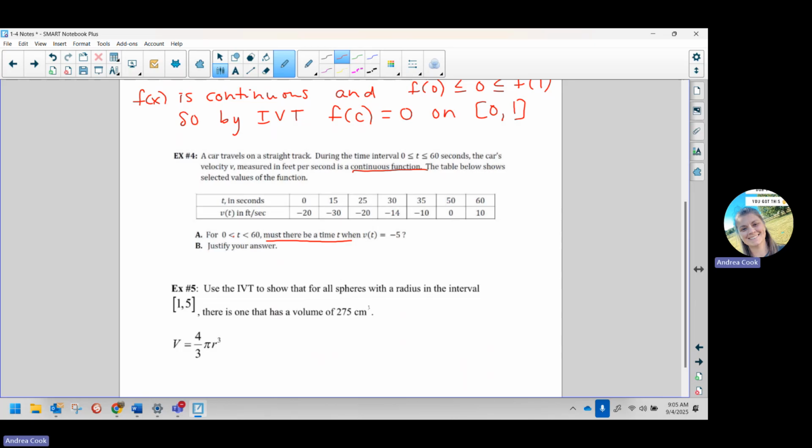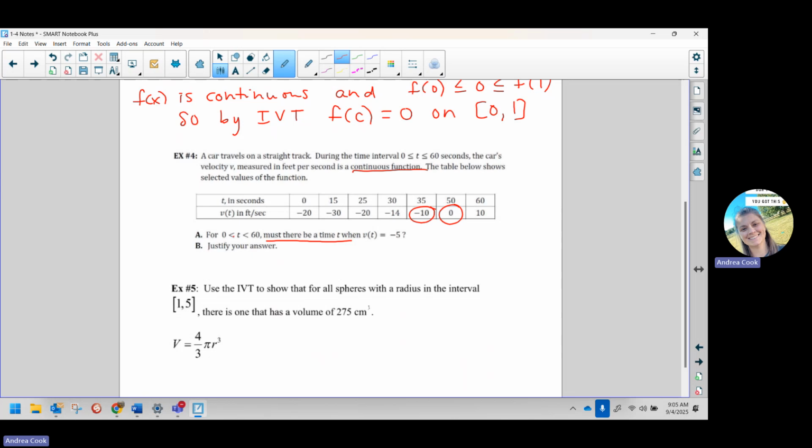Which ones? -10 and 0, right? Could you have used -10 and 10? Yes. Is there any other ones? Could you use -20 and 0? Yes. So you just have to find two places where -5 is between.